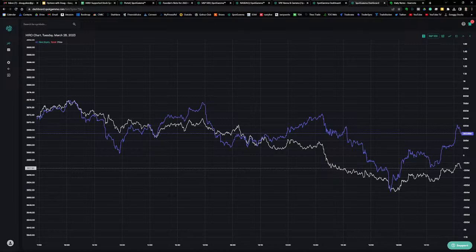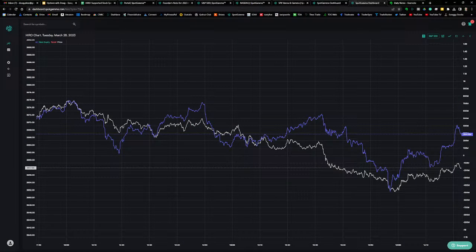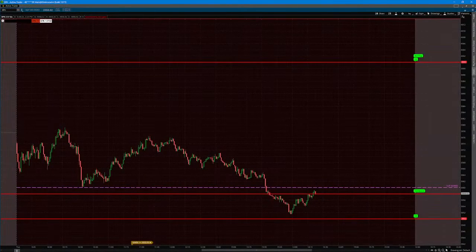Let's check that with the Thinkorswim chart. Oops, wrong chart. Yeah, the low here was 3951.62, and price is back up to the 3960 level.